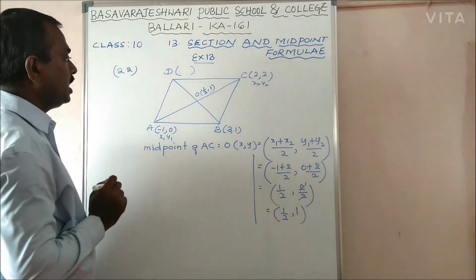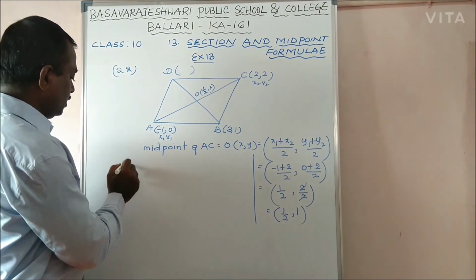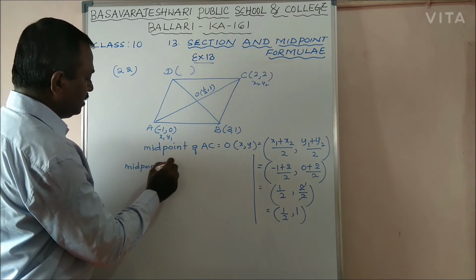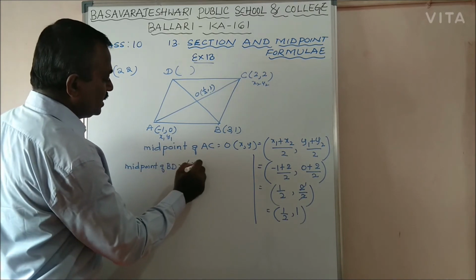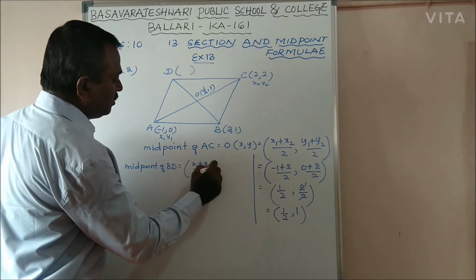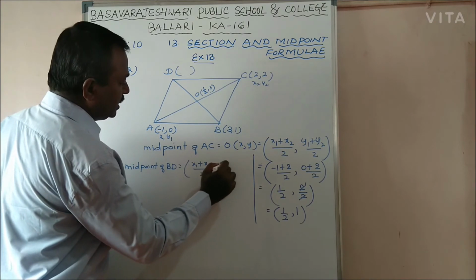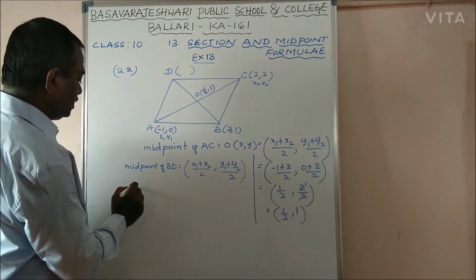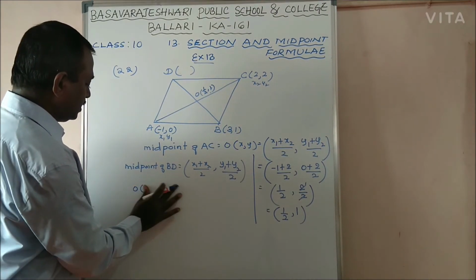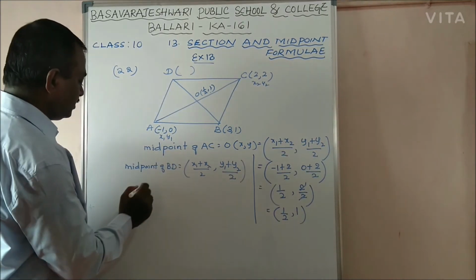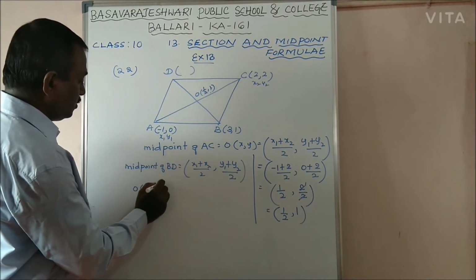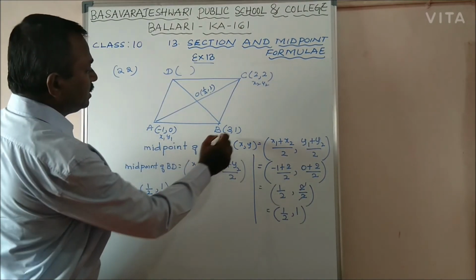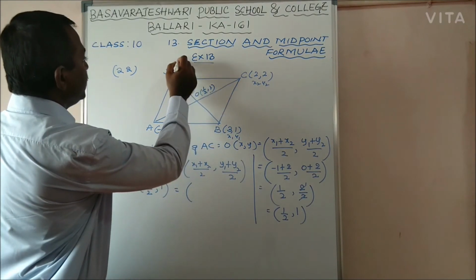Now, midpoint of BD is equal to ((x1 + x2)/2, (y1 + y2)/2). So this is nothing but O, (x, y). O is a midpoint, no? So this is (x1, y1), this is (x2, y2).